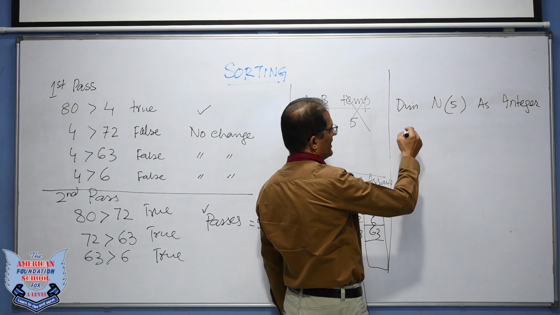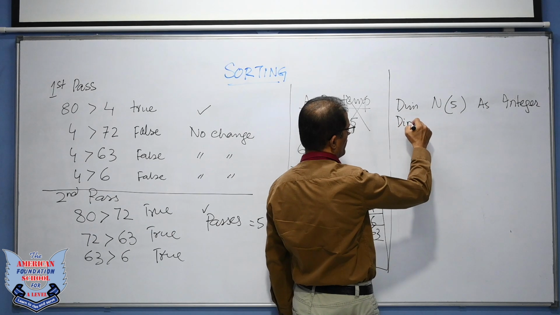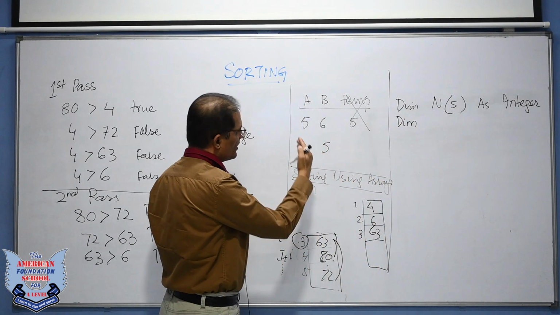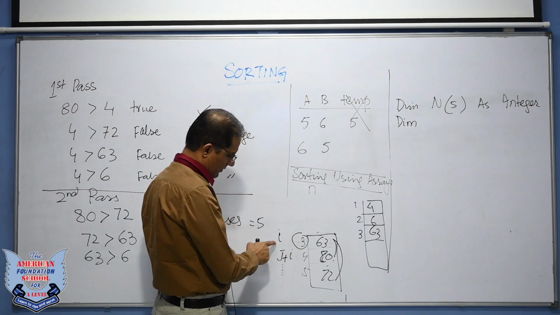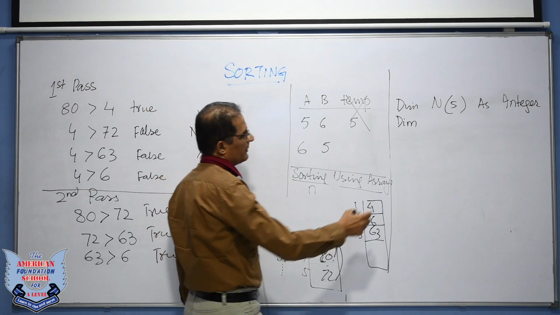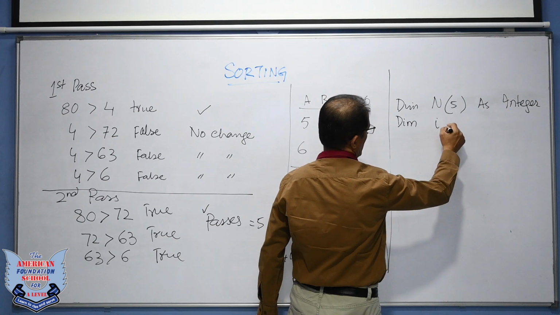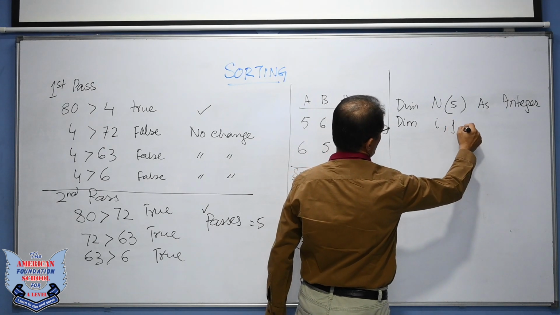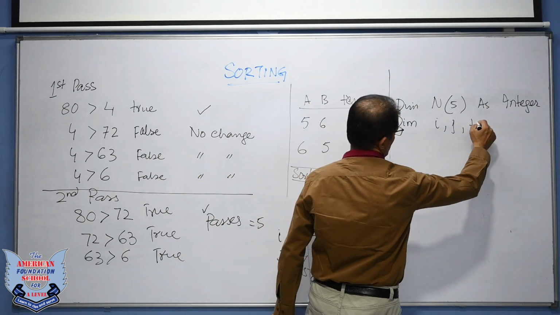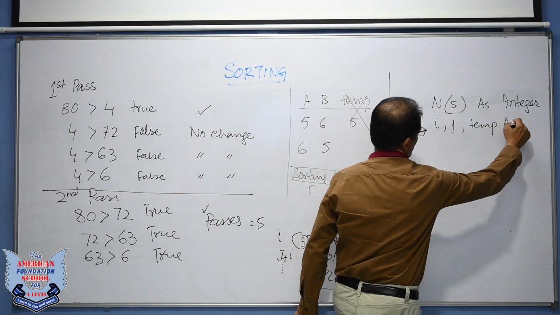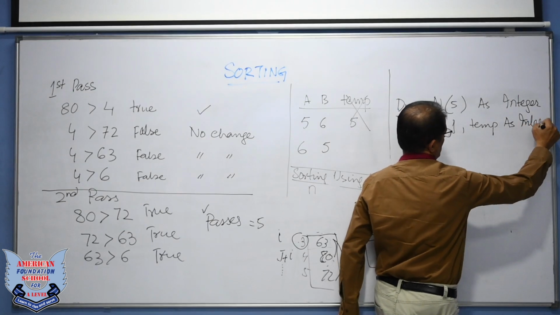After that, we have to fill that array. So you need a couple more variables. In this program, we needed a variable I, we needed a variable j, and then we need another variable for swapping the number, that can be temp. All these variables should be defined as integer.